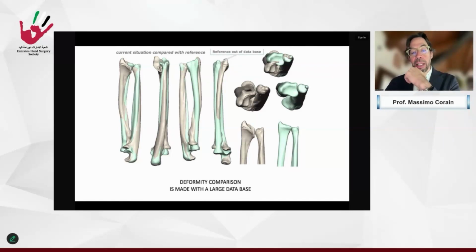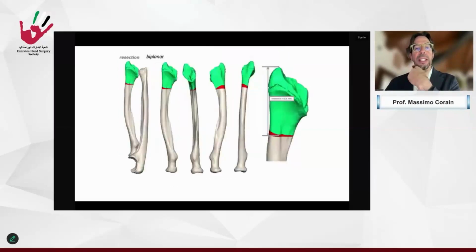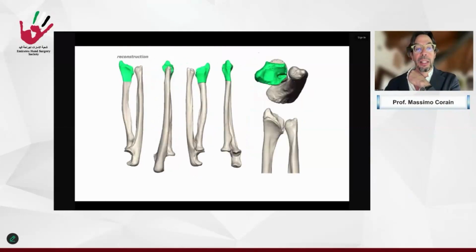Some companies have a large database to compare to consider how to perform this osteotomy. This is the simulation. This is the osteotomy line, the resection, the biplanar osteotomy in order to correct the radial wedging, the radial bending, sorry, and the inclination of the radius. This is our target. You see that I don't need to match the distal ulnar.